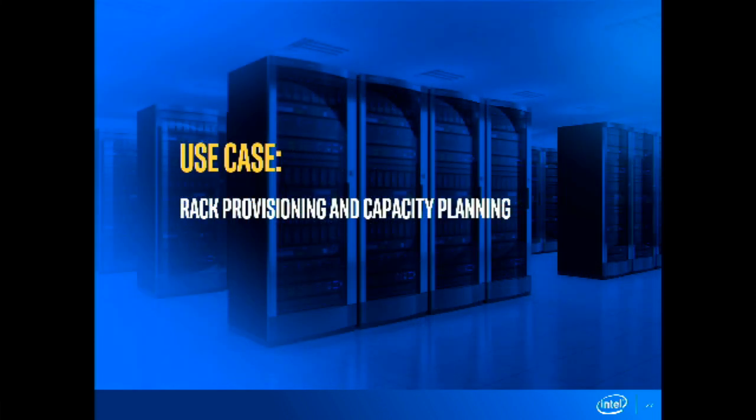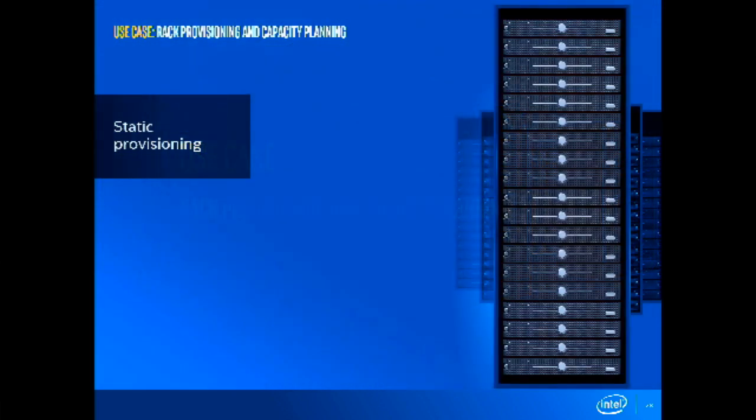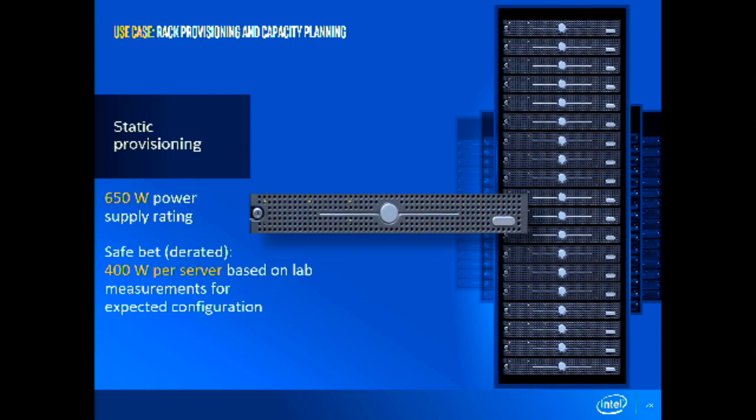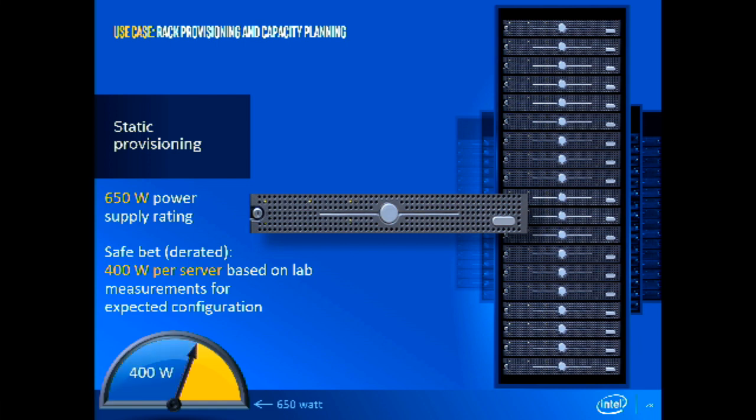Okay, and now another use case on rack provisioning and capacity planning. So again, if you manage a physical data center, or at least parts of your infrastructure are physical, you're probably used to static provisioning, where you see that a server might have a 650 watt power supply rating, and then you use the safe bet or derated power supply, which in this case would be 400 watts based on lab measurements.